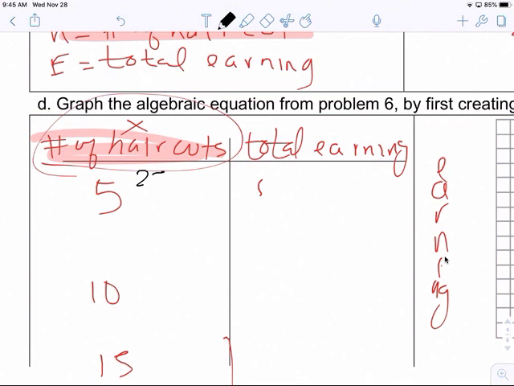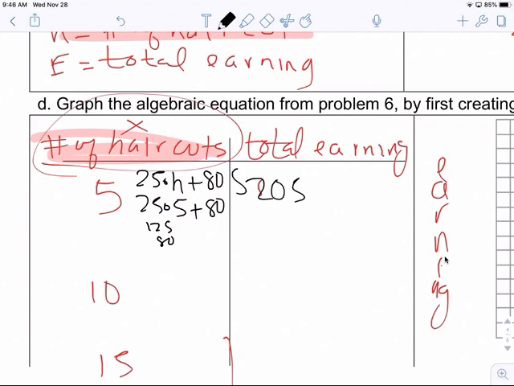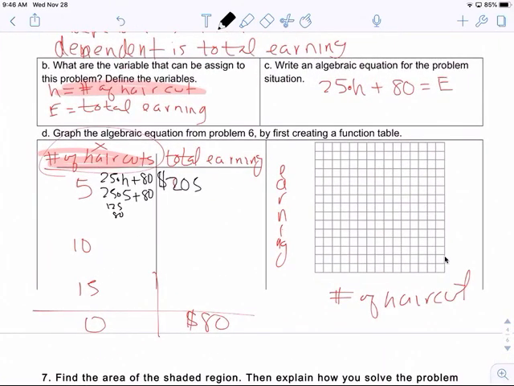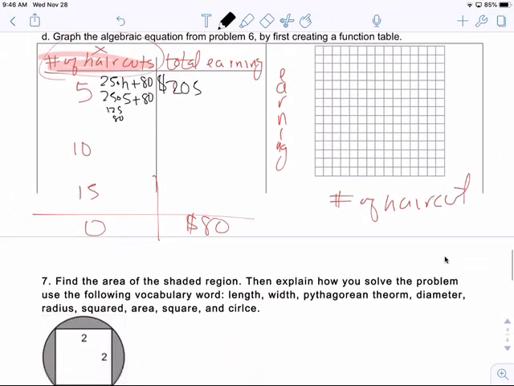Okay, $25 for each haircut plus the $80 you're going to earn. So if you did 5 haircuts, 25 times the 5 haircuts is 125, plus 80 is 205. You have $205. Okay, you do that and you graph it.